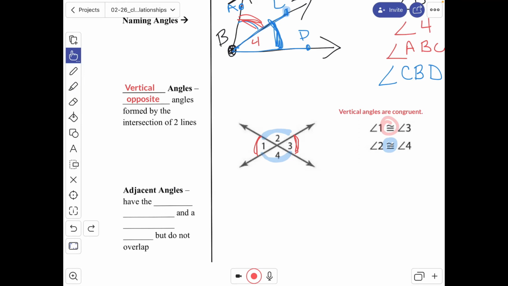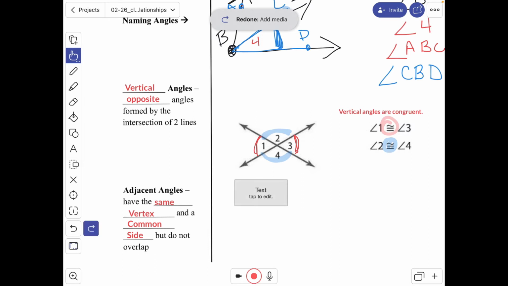Our last vocabulary word is adjacent angles. And adjacent angles have the same vertex or endpoint, and they have a common side, but they do not overlap.